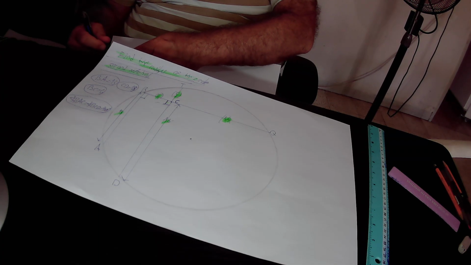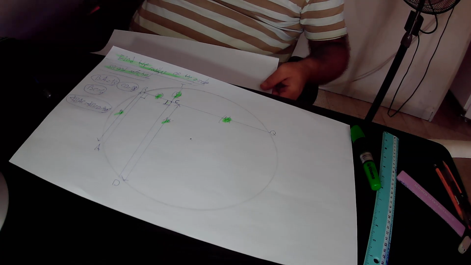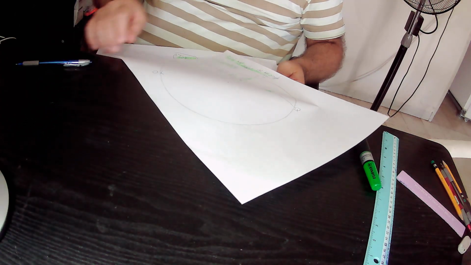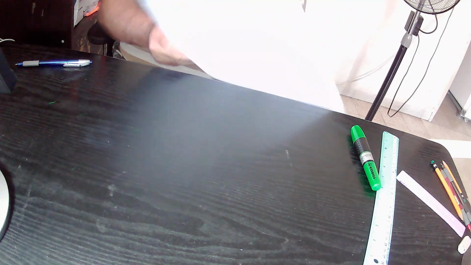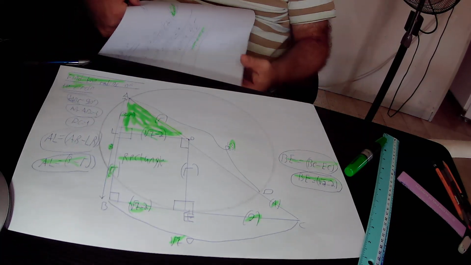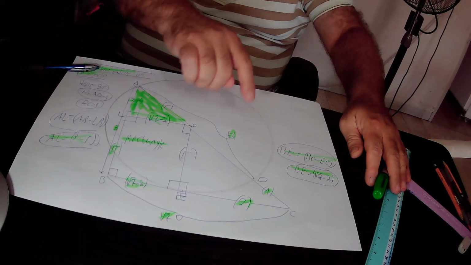In the next step, I will summarize the lecture. We start with the first question, of course. In the first question, our task is to find the radius of this circle.